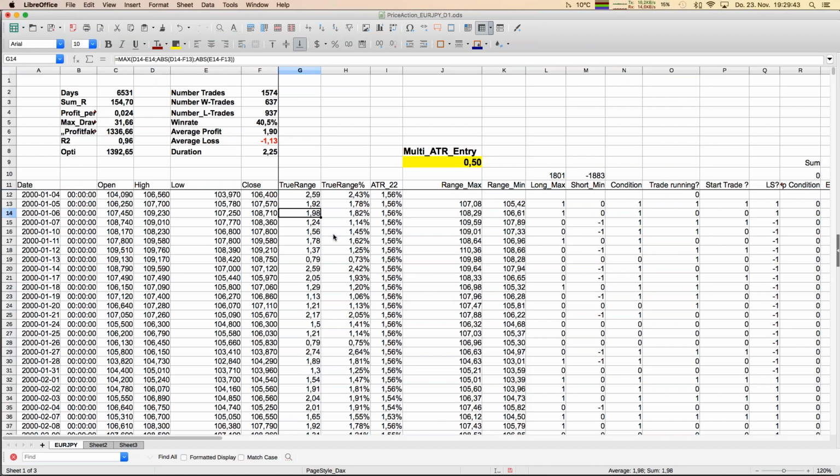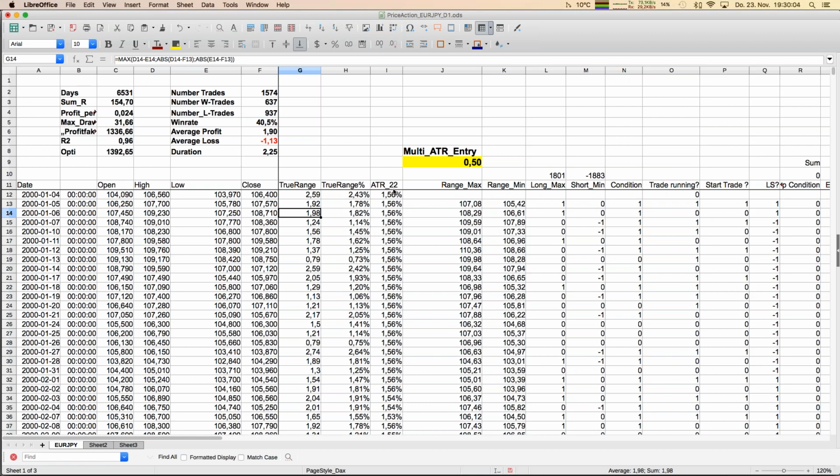So I start with something we already learned in our DAX volatility webinar: calculating the ATR. And this always starts with the true range of the candles. Then we do everything in percent.